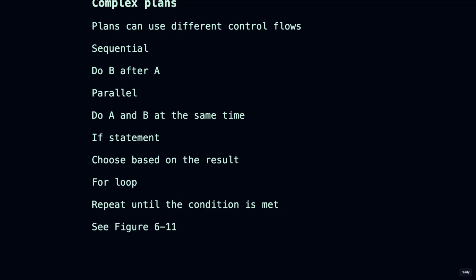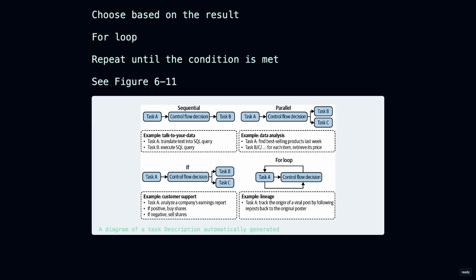The next figure summarizes these control flow patterns visually. The diagram helps show that planning is not just about what to do, but also about when and how actions are allowed to run. This figure compares the major execution patterns side by side.